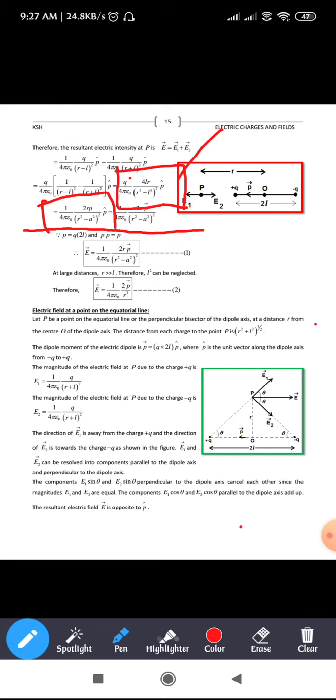In this step you have q in the numerator, and you have 4l in the numerator. But in this case, what about that q? Where did that q go? What about that 4? What about that l? And how did that 2 and p come here suddenly from the last step?